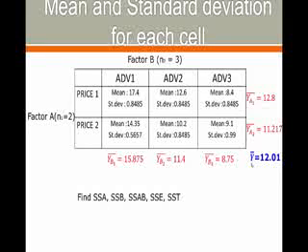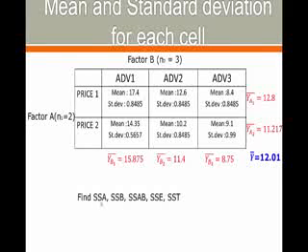It's called the grand mean. It's the average of Y bar A1 and Y bar A2, which is equal to the average of Y bar B1, Y bar B2, and Y bar B3. Suppose I take the average of those Y bar As, and it's not the same as the Y bar Bs. It means I made a mistake. Therefore, my Y bar bar, or my grand mean, is 12.01.